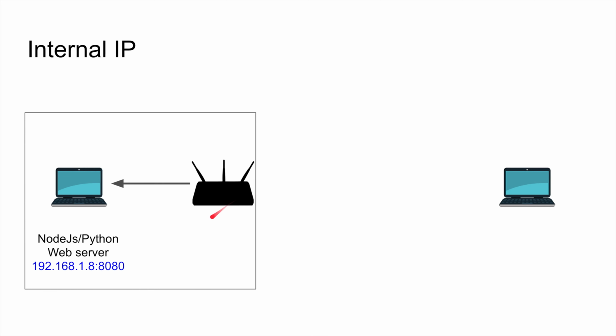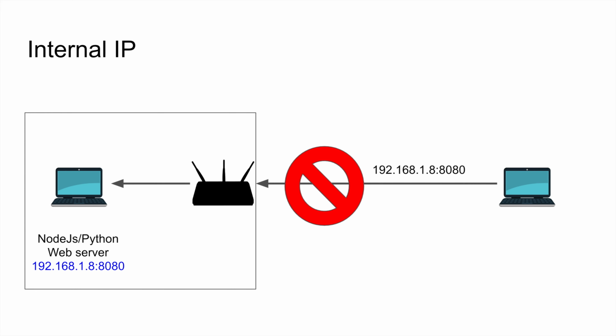What happens here is if you give someone your IP and you want them to check the website that you just created, they cannot, because what the heck is 192.168.1.8? It doesn't mean anything. We also talked in that video of a possible solution by allowing port forwarding in the router, which is a little bit dangerous.